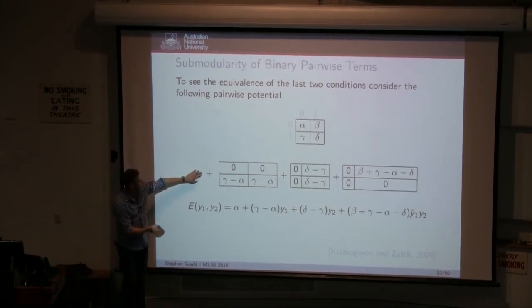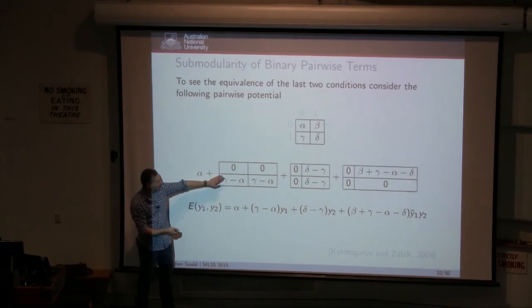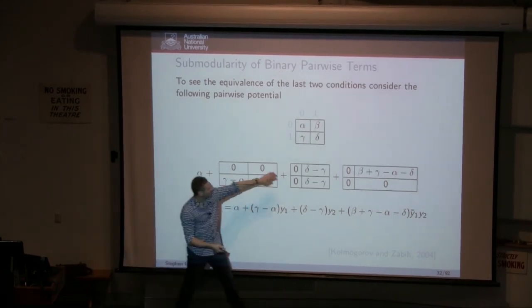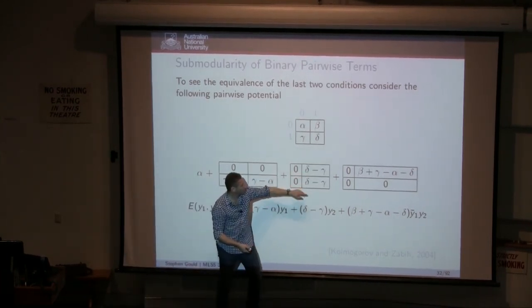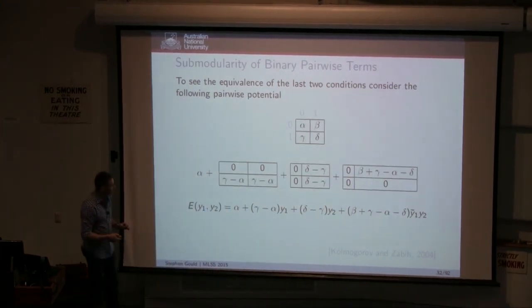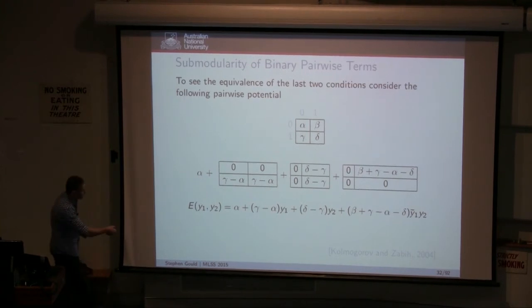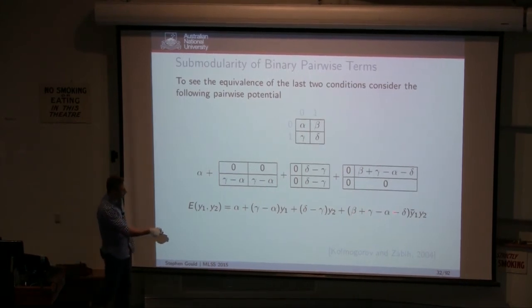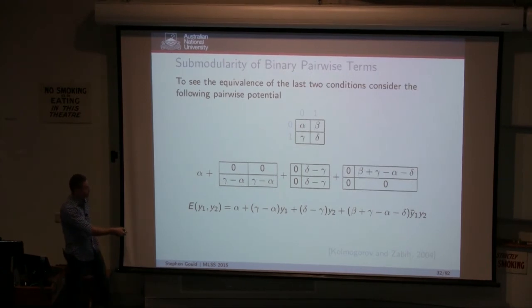here what I've got effectively is a constant plus a unary term over my second variable, plus a unary term over my first variable, plus this term here, which only depends on one specific configuration. Okay? So I can write this out in this particular way, and the only thing I care about for submodularity is that this is a valid Posiform, which means that its coefficient is positive.